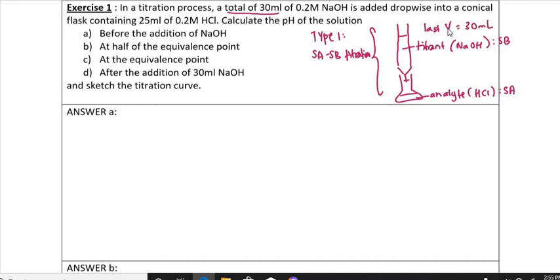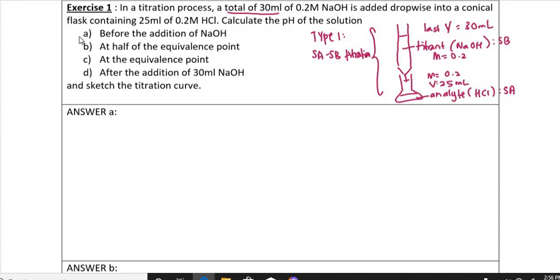That means before 30 ml, it involves another value. The molarity for NaOH is 0.2 molar. HCl containing, consists 25 ml. That means the volume of analyte, and the molarity is 0.2 molar.